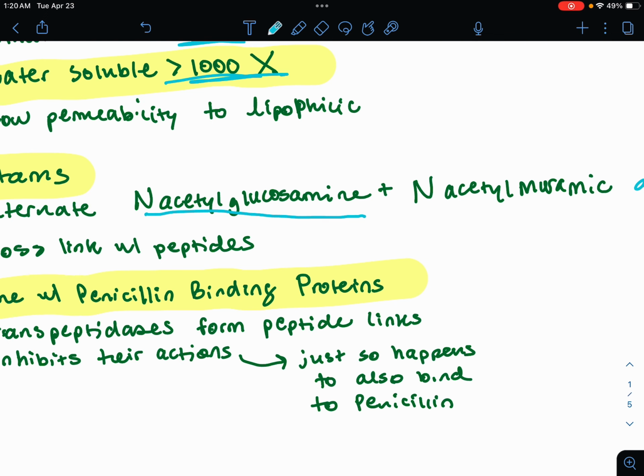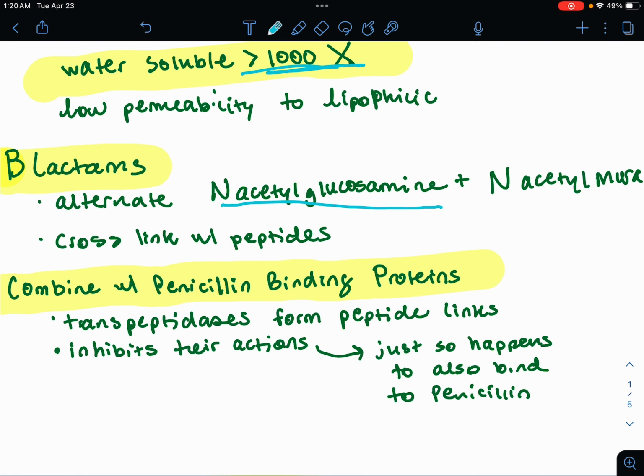They are going to be linked together by these peptide chains to provide strength and resiliency, basically. You combine with these penicillin binding proteins. They're called penicillin binding proteins because they just so happen to bind to penicillin. These are transpeptidases.